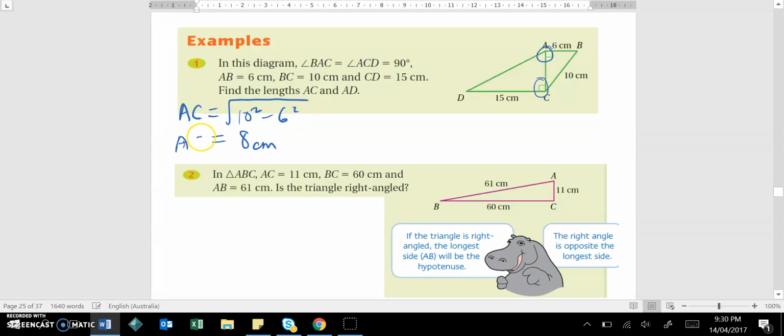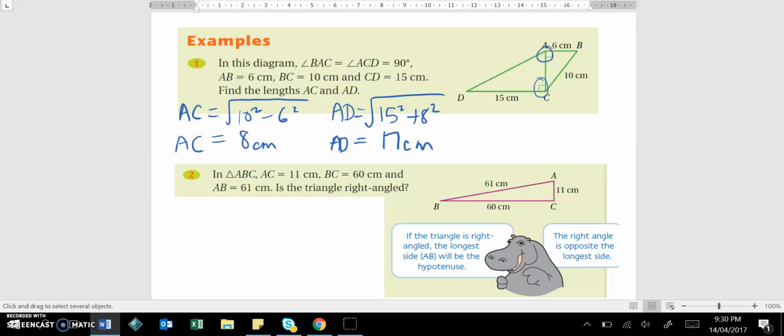So that's for AC. And then for AD, that's going to be the square root of 15 squared plus 8 squared, and that's equal to 17 centimeters. So that's a nice, easy extension year 8 problem there for you.